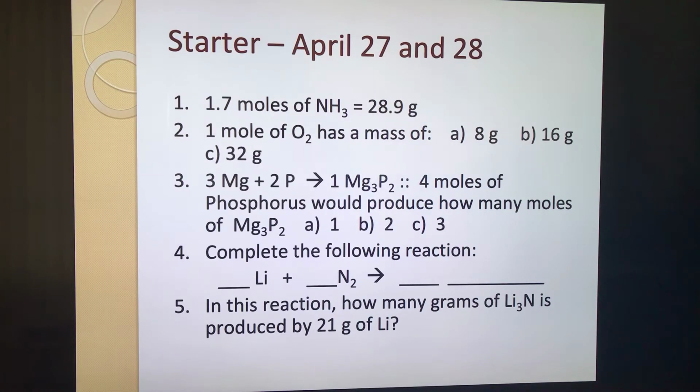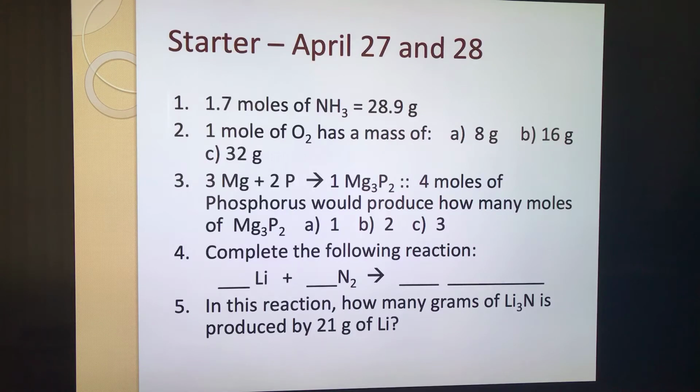So let's get started here with some answers on the starter. I gave you 5 questions. First one was 1.7 moles of NH3. How many grams is that? I suggested 28.9 grams. Number 2, 1 mole of O2 has a mass of what? 8 grams, 16 grams, or 32 grams? Number 3, 3 moles of magnesium plus 2 moles of phosphorus yields 1 mole of magnesium phosphide.